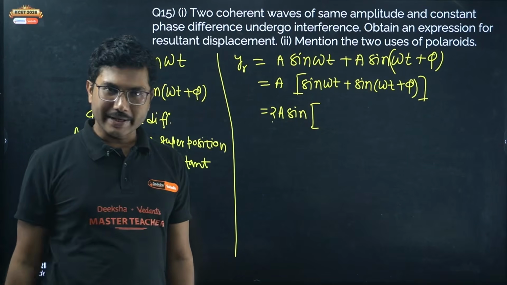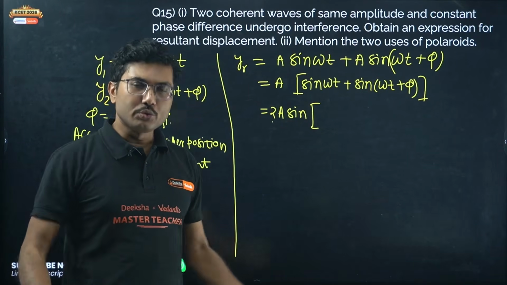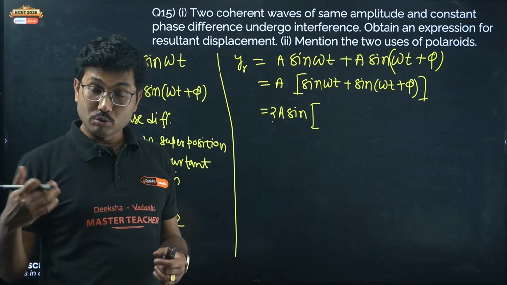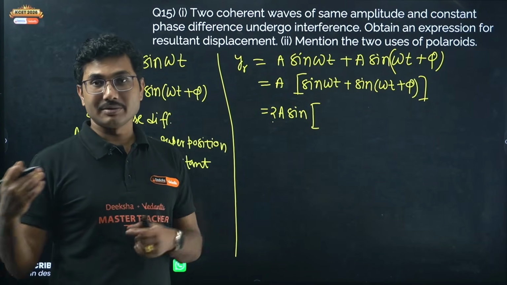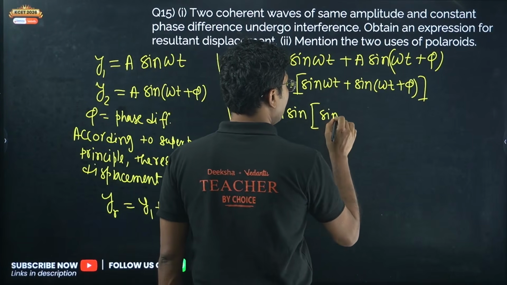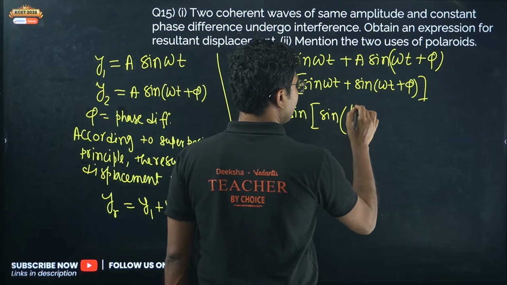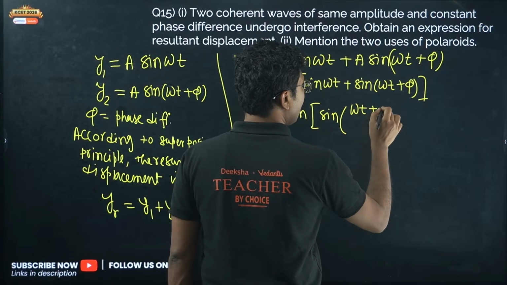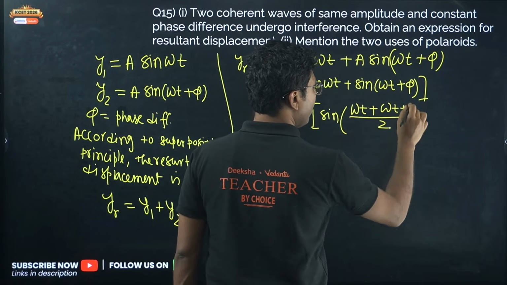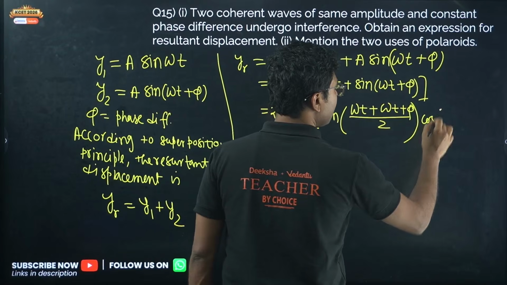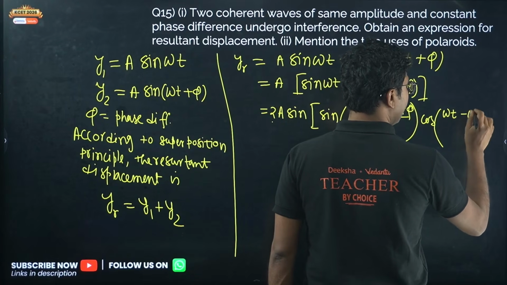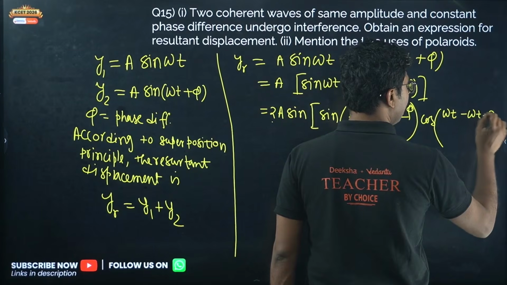Because sine a plus sine b equals 2 sine of (a plus b) by 2 into cos of (a minus b) by 2. So we get 2 sine of (omega t plus omega t plus phi) divided by 2, into cos of (omega t minus omega t minus phi) by 2.